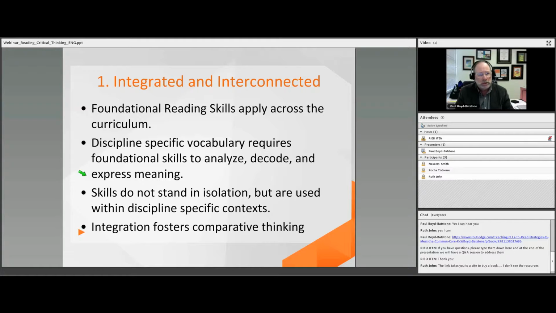There's a discipline specific vocabulary to each aspect of the curriculum.